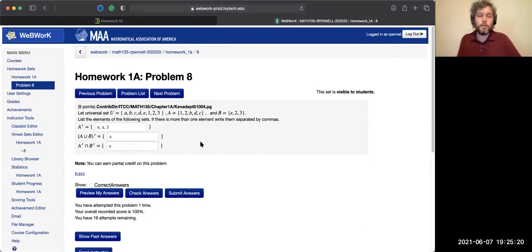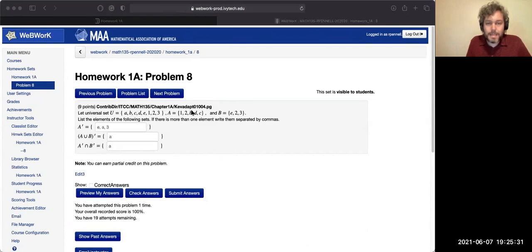Here, this is very similar to something we did in class. You'll see De Morgan's law listed there. Maybe I will show that. So A complement: the complement is the elements that are outside of A, so you'll want to list those.